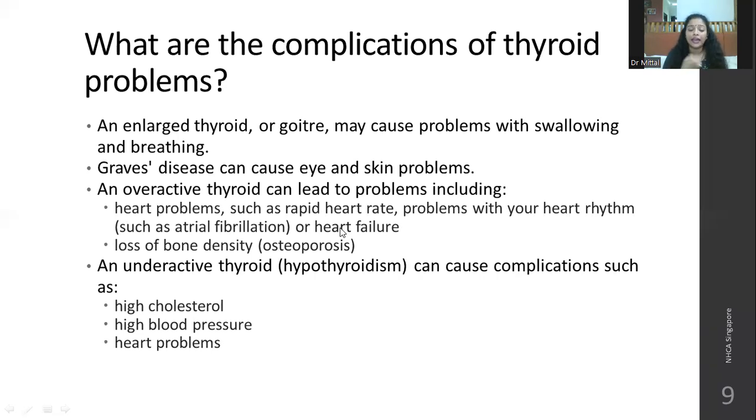When healthy cells and tissues of the thyroid gland stay inflamed for a prolonged period of time, they become inactive. The more inactive cells you have in your thyroid gland, the less thyroid hormone is secreted. That is one of the associations.